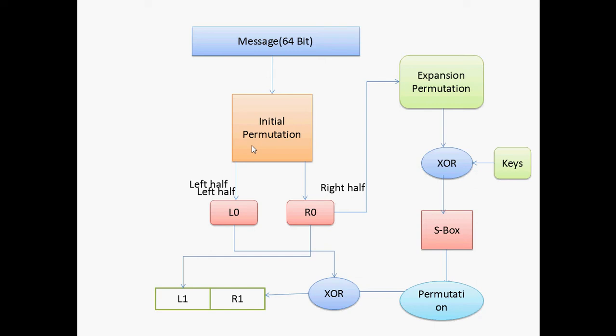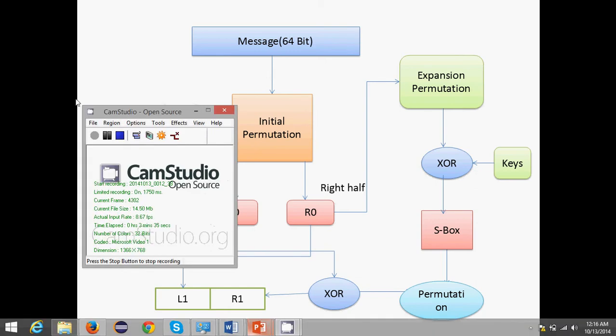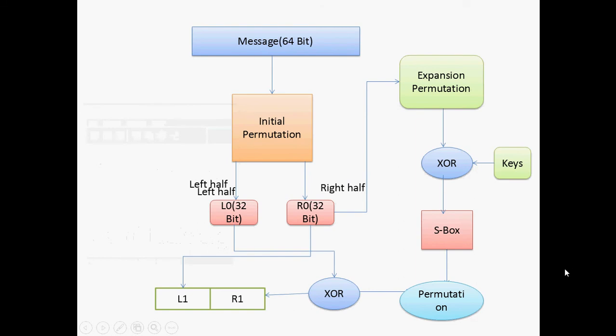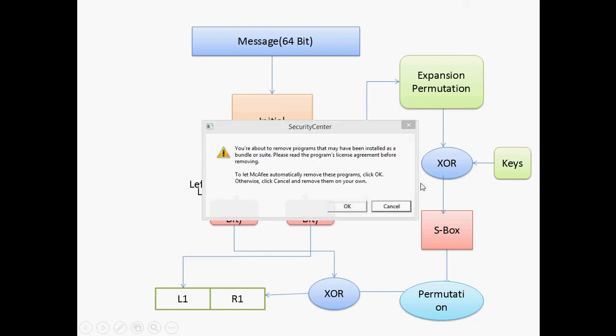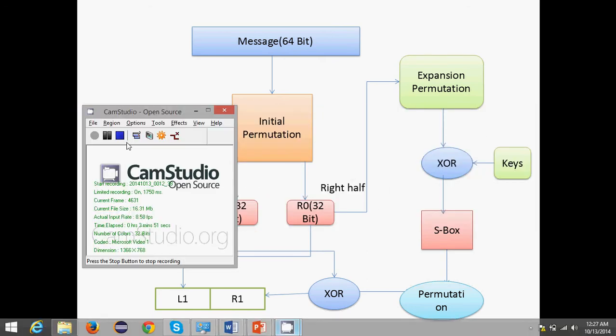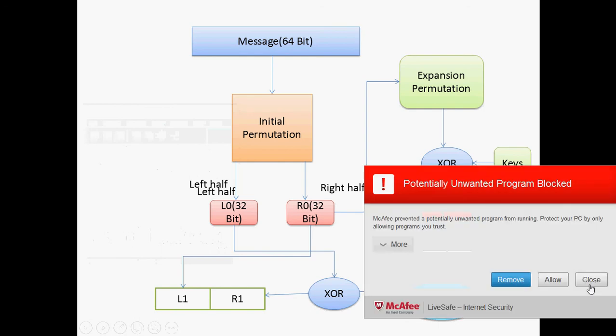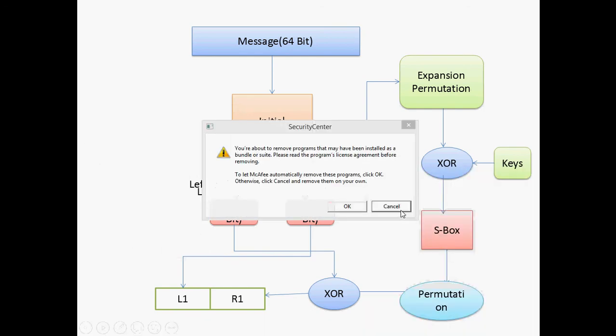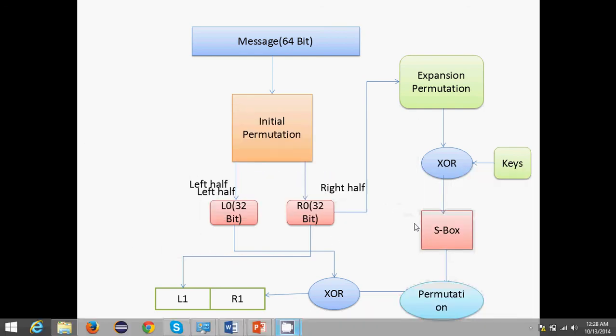The right half is sent to the expansion permutation. R0 is 32 bits, and the expansion permutation converts the 32-bit R0 into 48 bits.